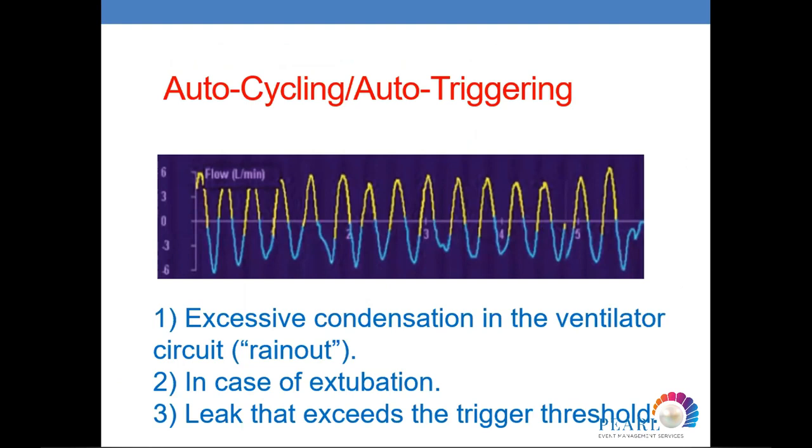This water moving in the tubing can sometimes generate negative suction, negative pressure, negative flow, and this can trigger the machine. So excessive condensation rain-out, or a leak, as we mentioned before, or the baby is extubated, so the machine is just giving in the air. Again, don't ignore the machine alarms.